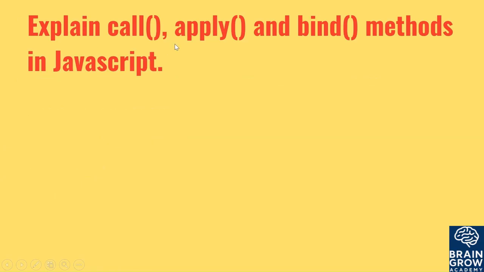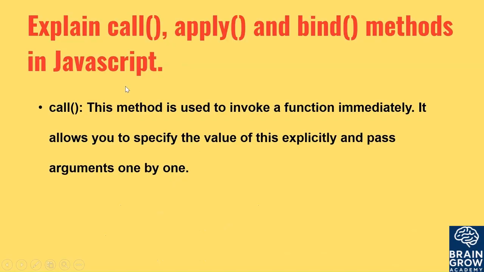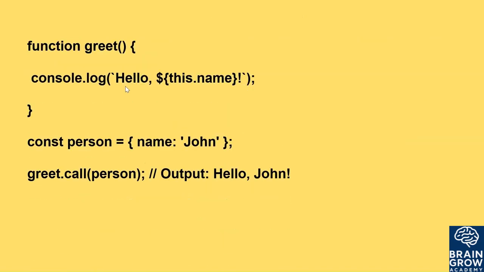And explain call, apply and bind methods in JavaScript. We already discussed them in brief in earlier videos. The call method is used to invoke a function immediately. It allows you to specify the value of this explicitly and pass arguments one by one. You can see the example, we have a greet function.